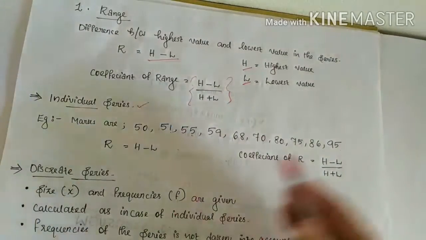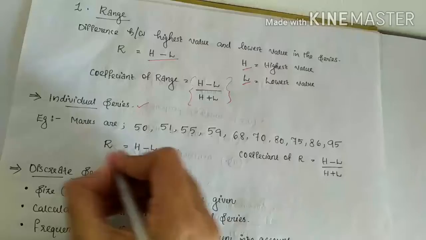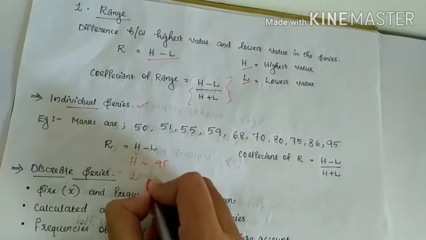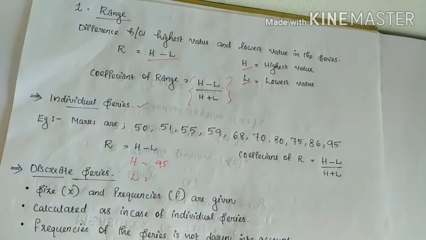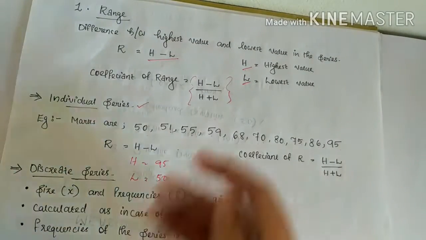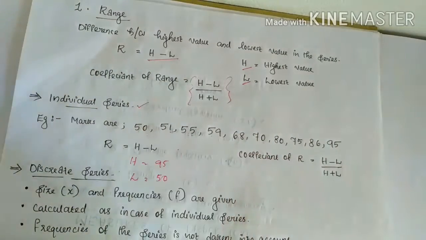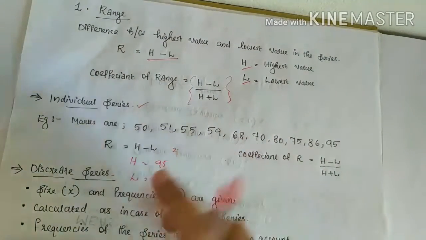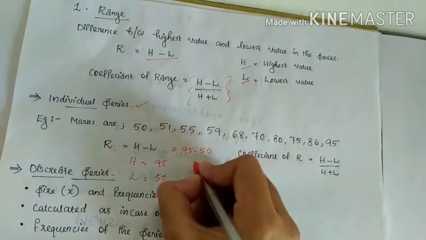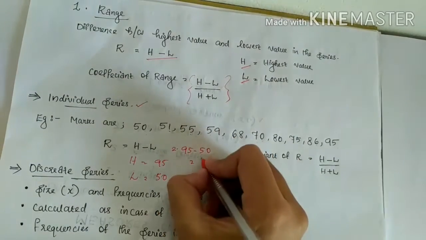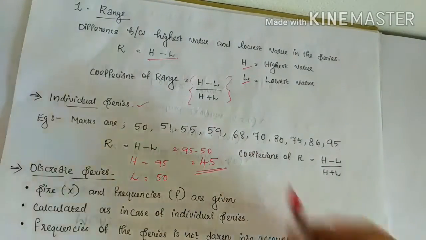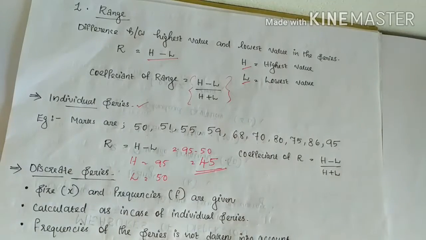In this series, highest value H is equal to 95 and L, lowest value, is 50. Then apply the equation, that is 95 minus 50. The answer is 45. Clear?